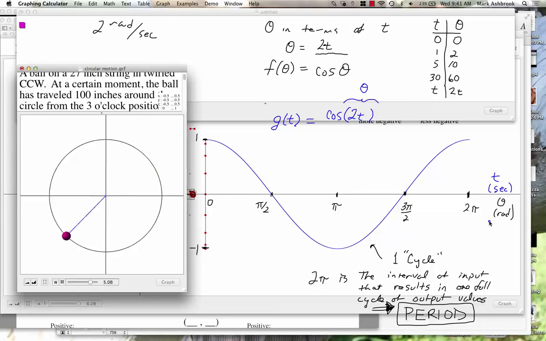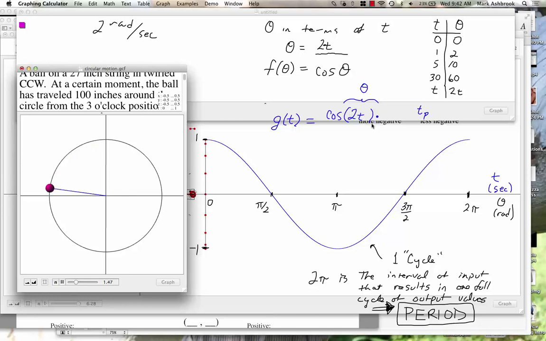So now if we talk about the period of g, that's going to be the interval of input. What's our input of g? t is the input. So now we want the interval of t that's going to give one full cycle. So in order to find that, we use the period of cosine. So if Tp, say that's the period of g, then what does 2t need to reach in order for cosine to have a full cycle? 2 pi, right?